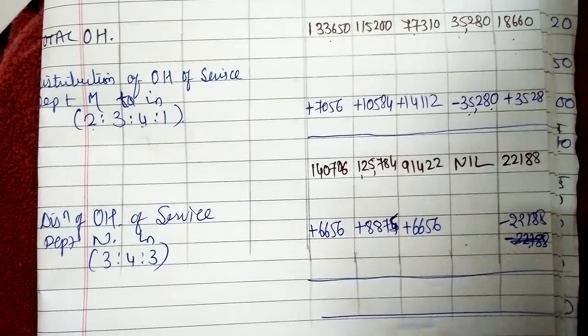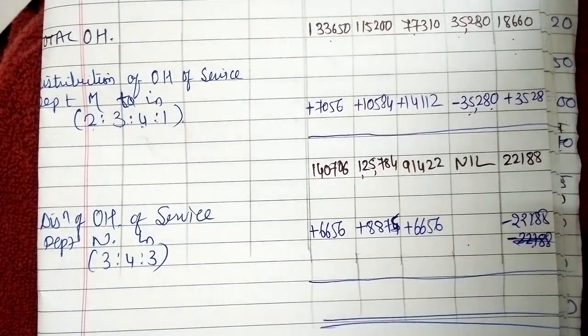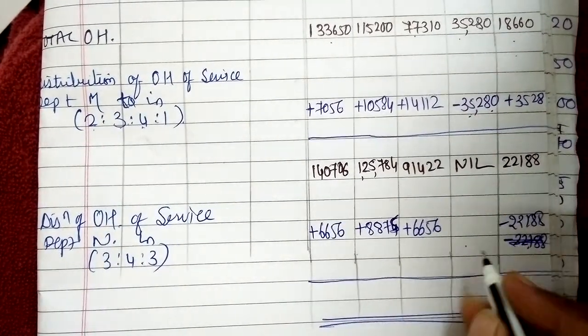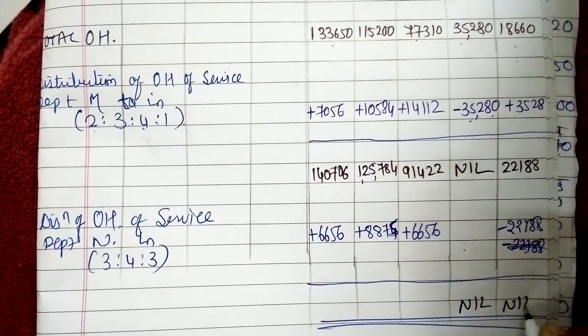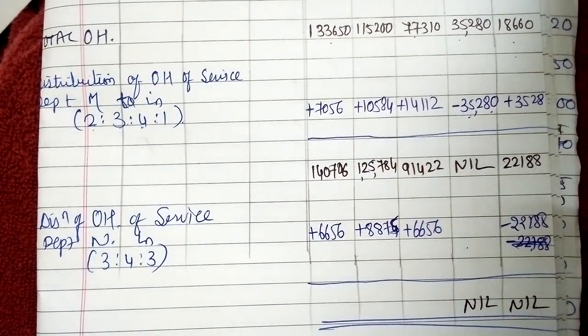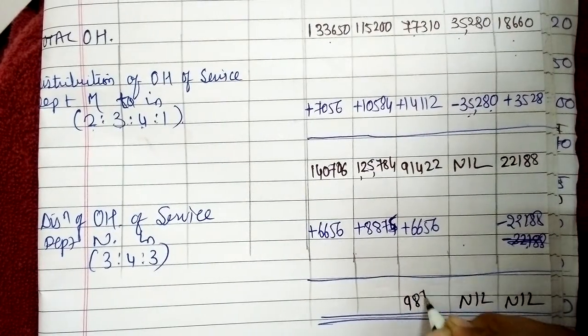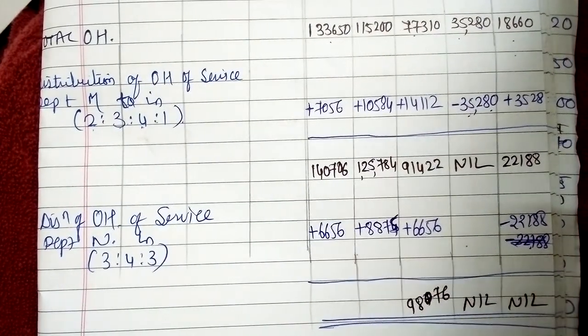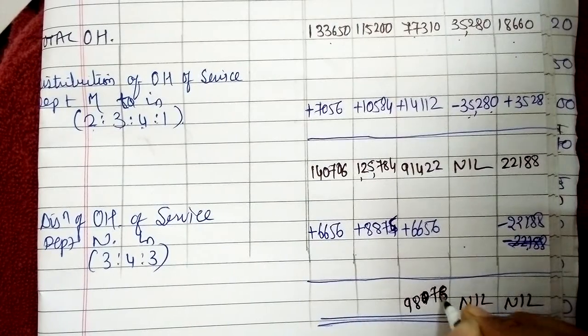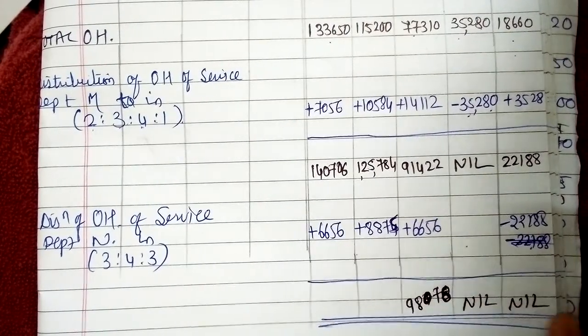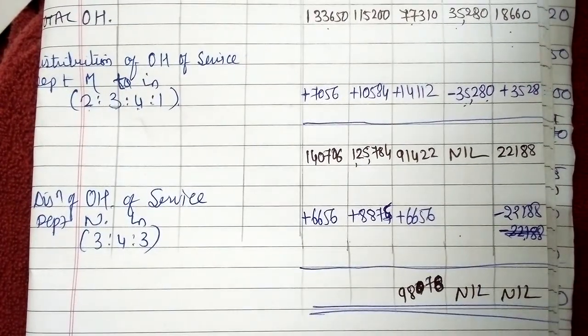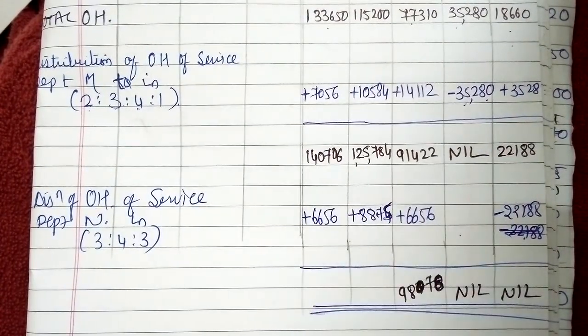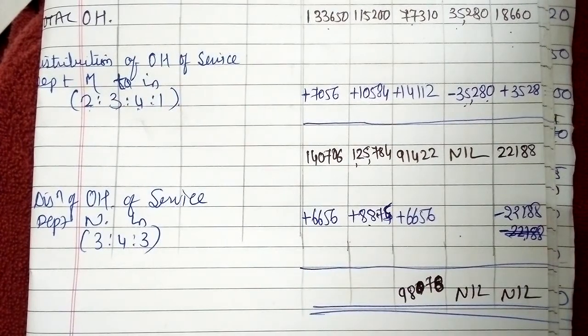Finally, what will be the answer? Here this is nil, here this is also nil. 91,422 plus 6656. So 98,078. 125,784 plus 8875.